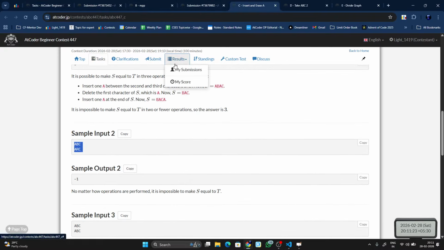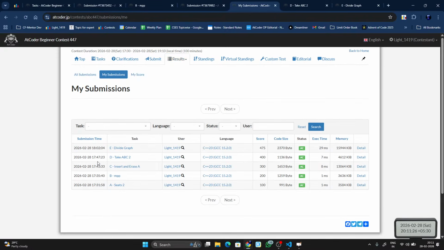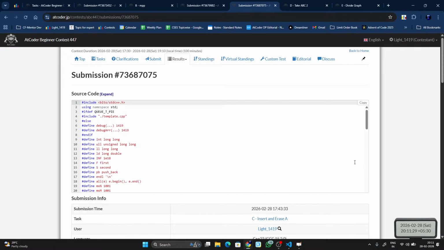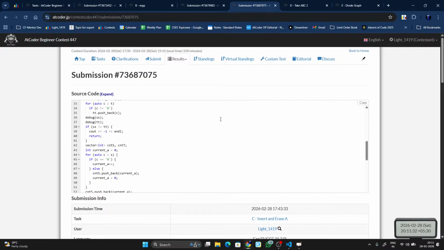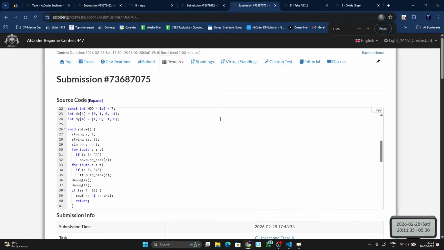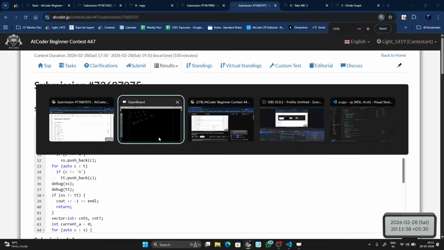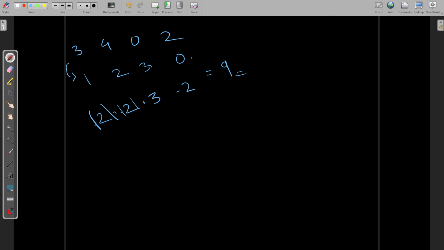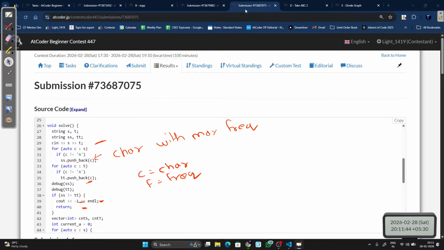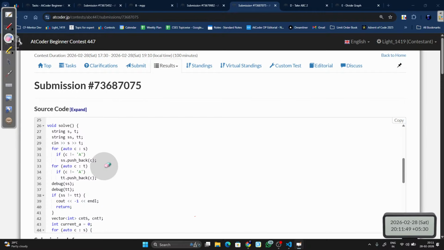Okay, submission. Yeah, so this is our code. So let's first take the input in two strings S and T. Here I have taken the input.